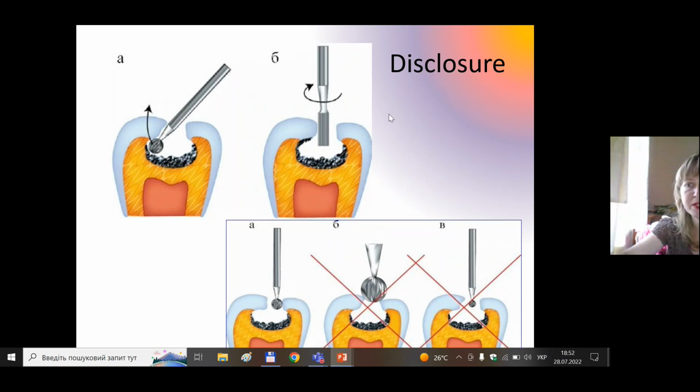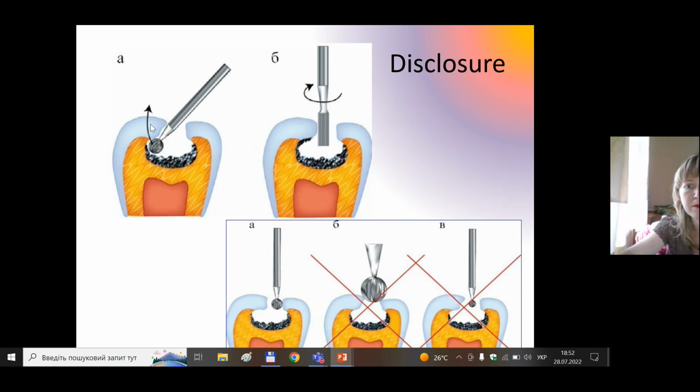The next step, disclosure. Pay attention to these photos. Here are given shapes of burrs and sizes of burrs that can be used for this procedure. So for disclosure, the most used burrs are round-shaped burrs, and cylinder burrs can be used as well.